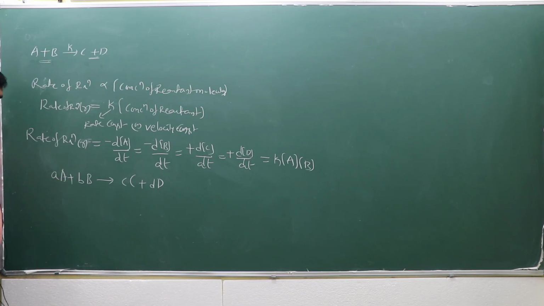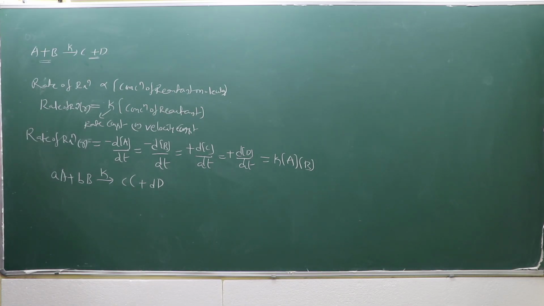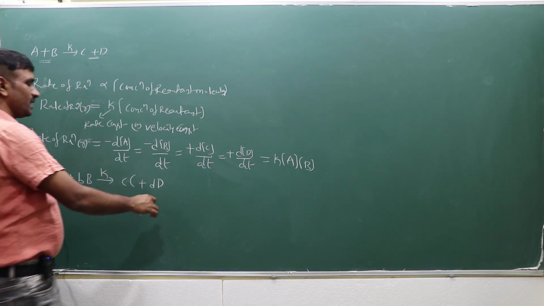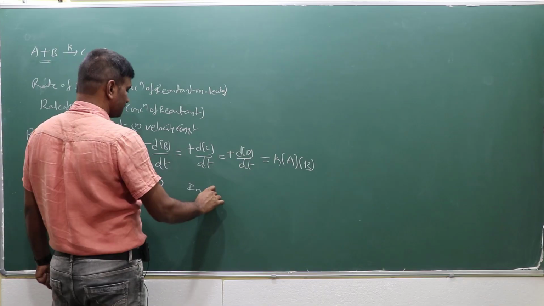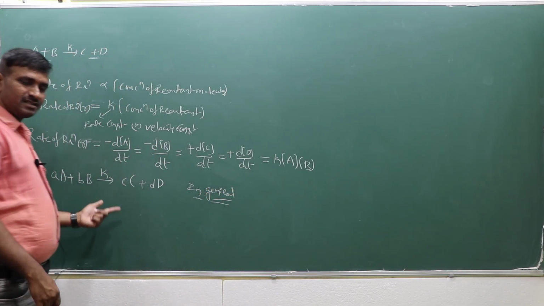Reactant molecules convert to the product. So the rate constant or velocity constant is K. In general, this equation will be considered.